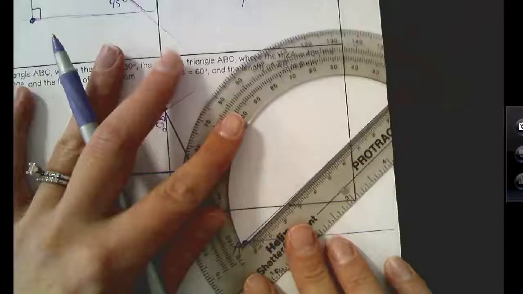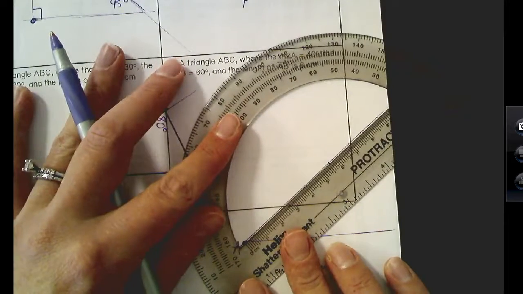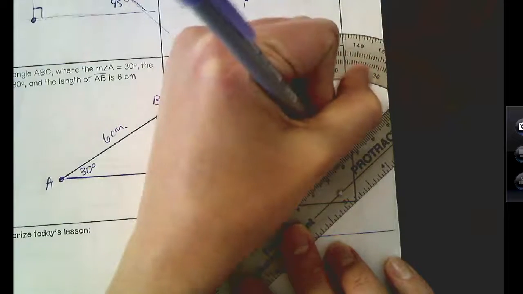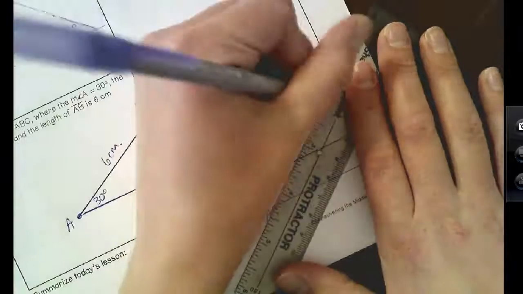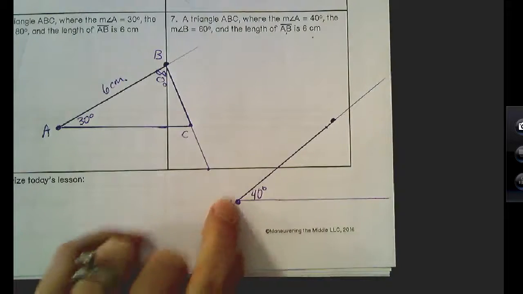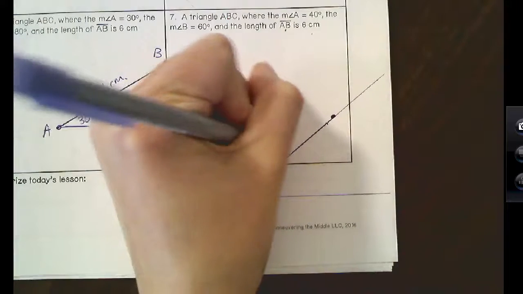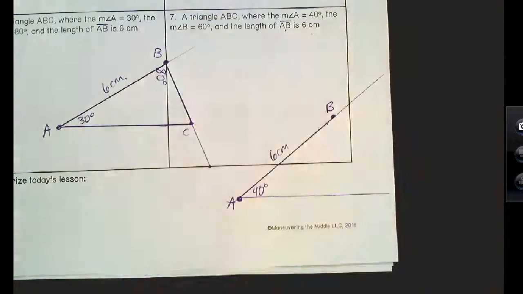And then since AB has to be 6 centimeters, I'm also going to measure right now from 0 up to about 6 centimeters on the bottom. And then I'm going to take my protractor and help me make that line a little bit darker. So angle A is 40 degrees. This side right here is 6 centimeters from A to B.